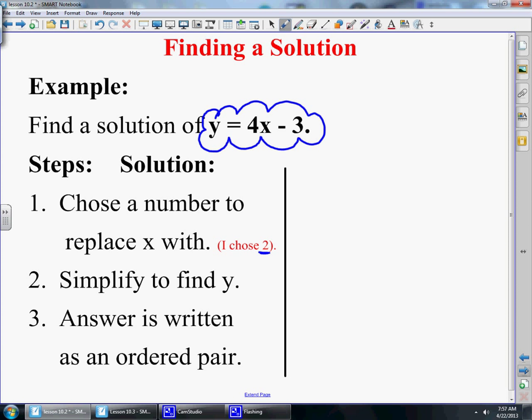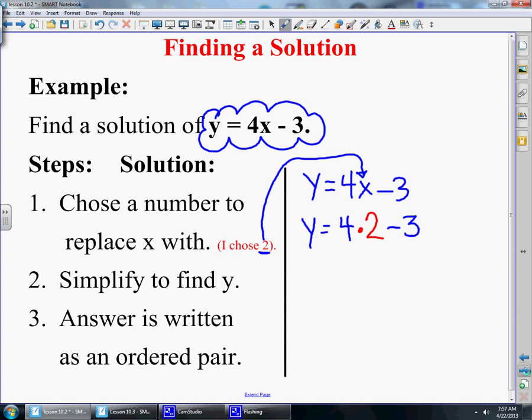So I write down the equation y equals 4x minus 3, and plug the 2 in for x. So I have y equals 4 times 2 minus 3.